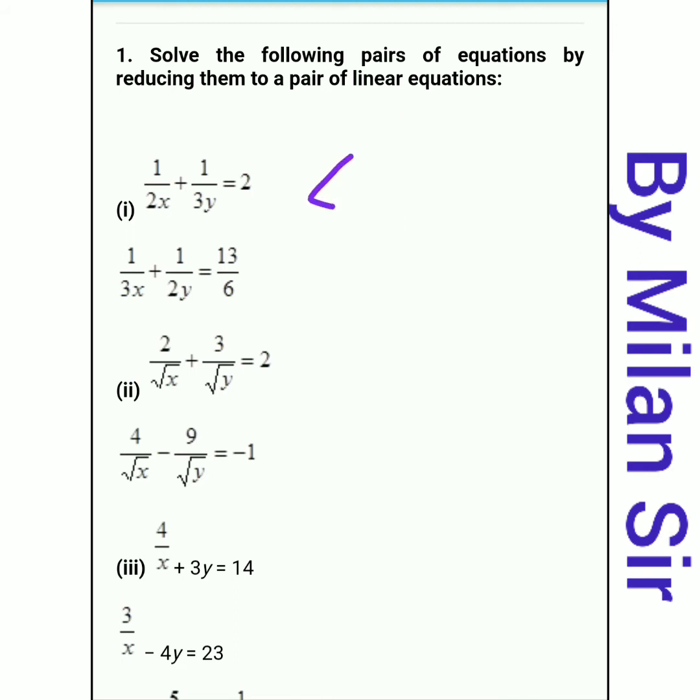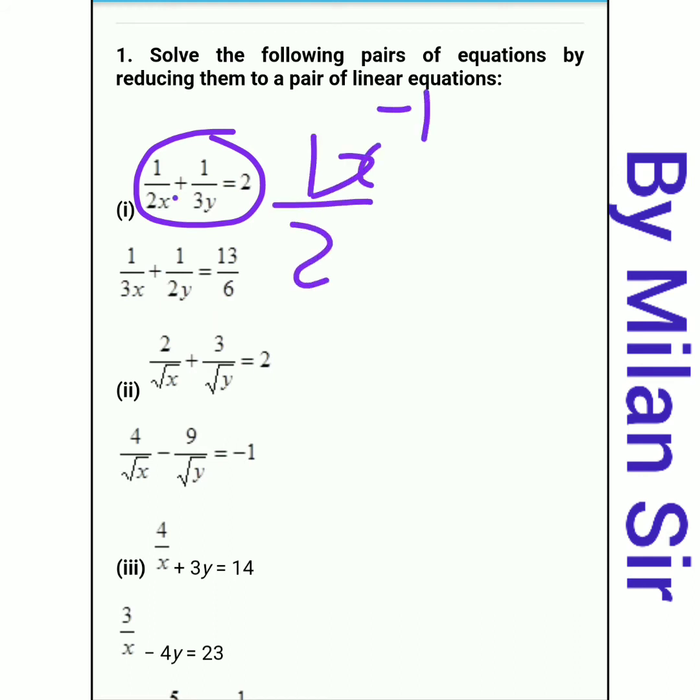Now our first equation is 1 upon 2x plus 1 upon 3y is equal to 2. The second equation is 1 upon 3x plus 1 upon 2y is equal to 13 by 6. Here the first equation we can write like this: 1 upon 2, x raised to minus 1.